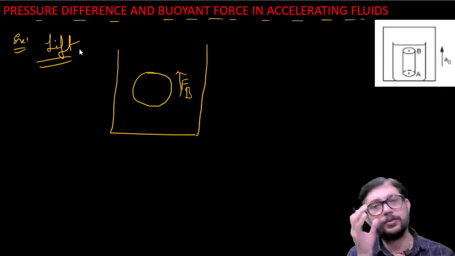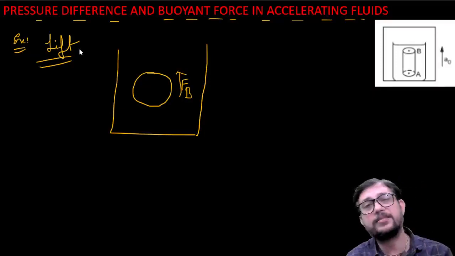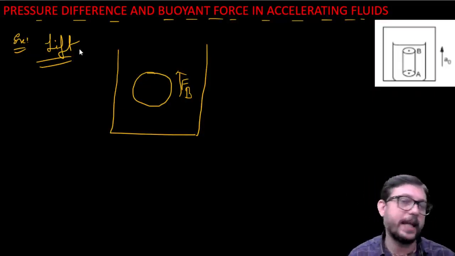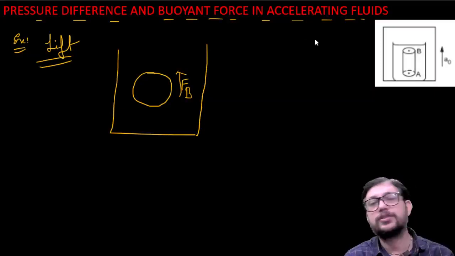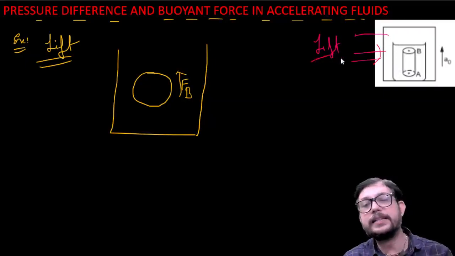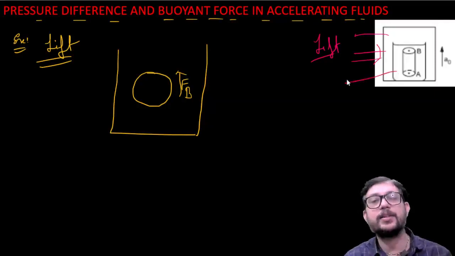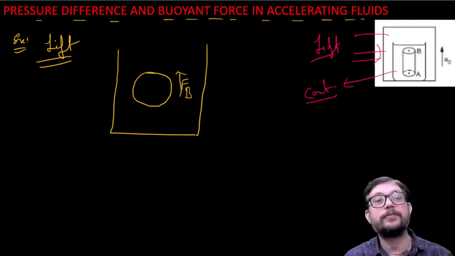So the lift is a frame which is accelerating, and inside that lift we will put the fluid for the experiment. As you can see in this diagram, this is your basic diagram. This is your lift, and in this lift this is a container, and in this container you have a fluid.